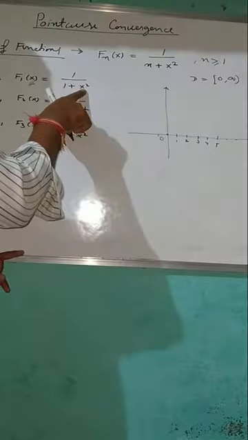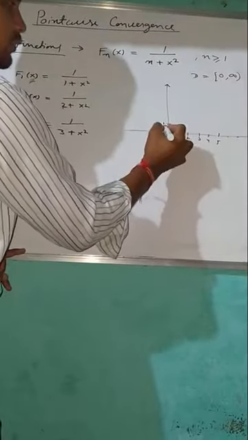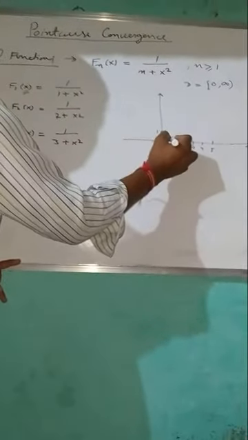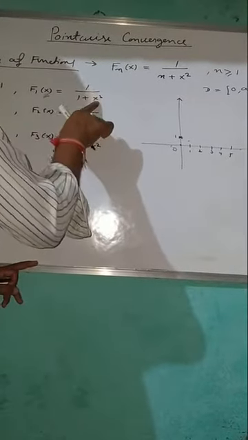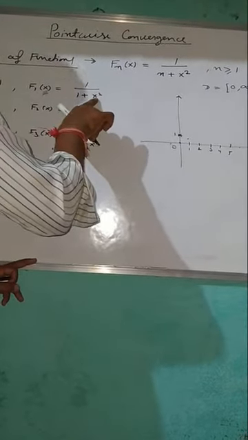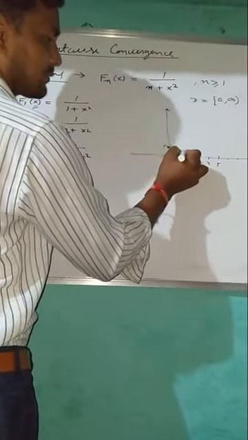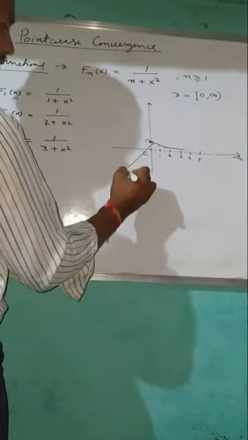When you put x equal to 0, the value is 1. When you put x equal to 1, the value is 1/2. When you put x equal to 2, the value is 1/5. This is the graph of the first function, f_1(x).